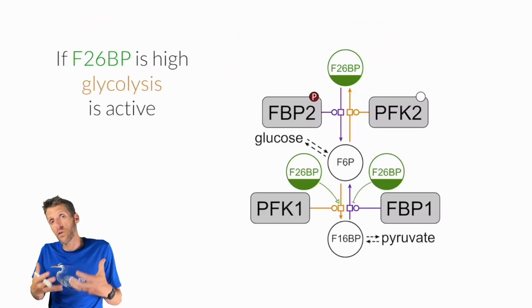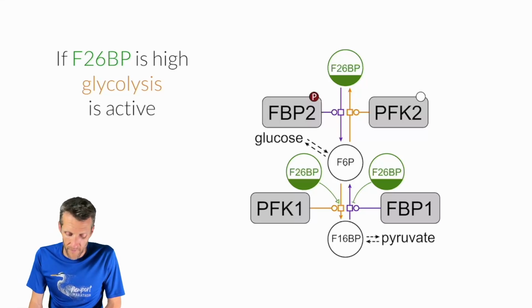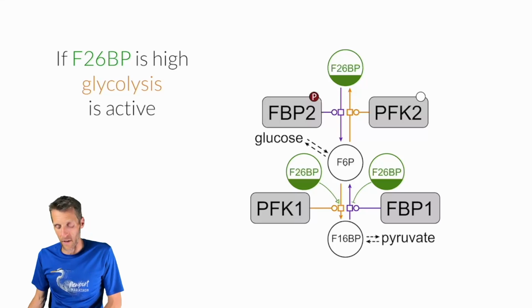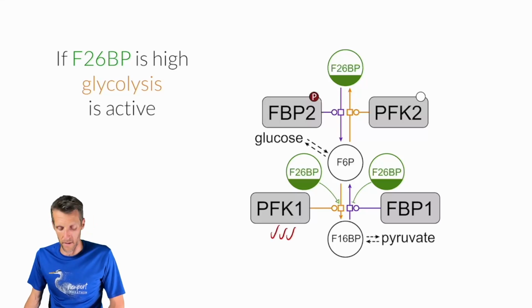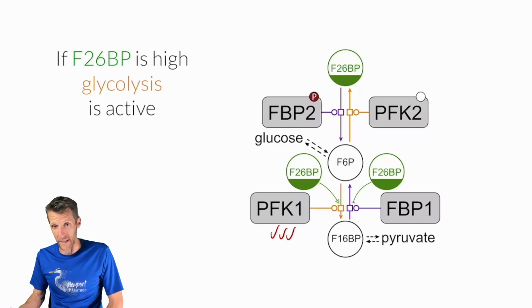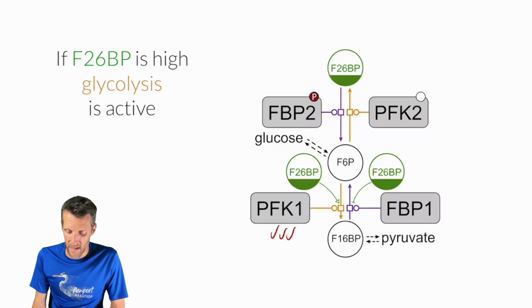So if fructose 2,6-bisphosphate is high, glycolysis is active. And the reason for this is fructose 2,6-bisphosphate allosterically activates phosphofructokinase, PFK1, and it allosterically inhibits FBP1.